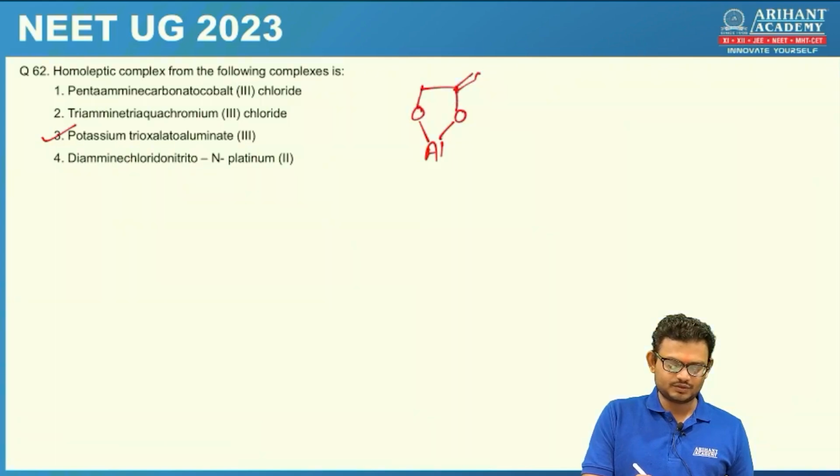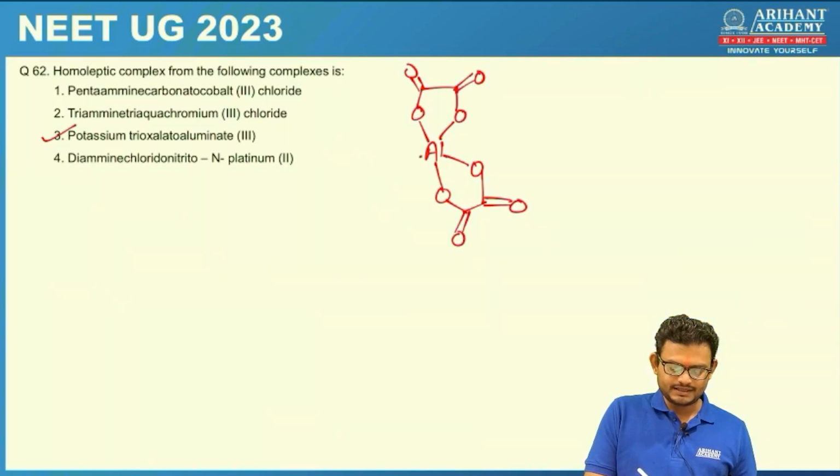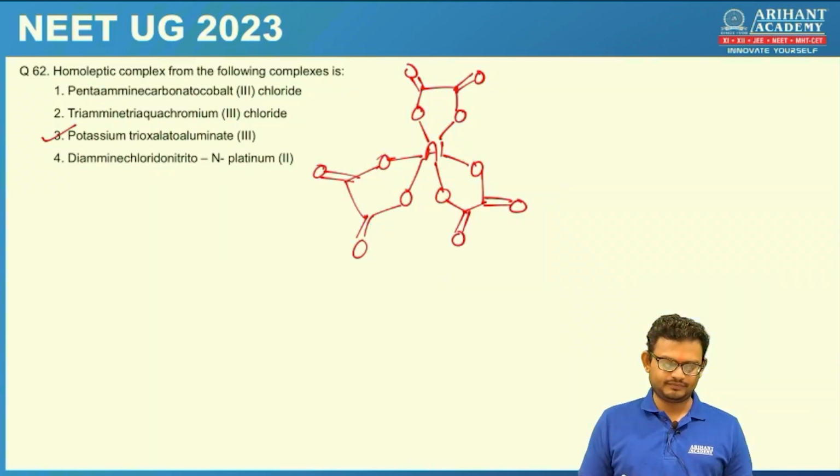So this is one oxalate ion here, the second oxalate ion, and here's the third oxalate ion. And definitely potassium happens to be a counter ion here. Let's move to the next one.